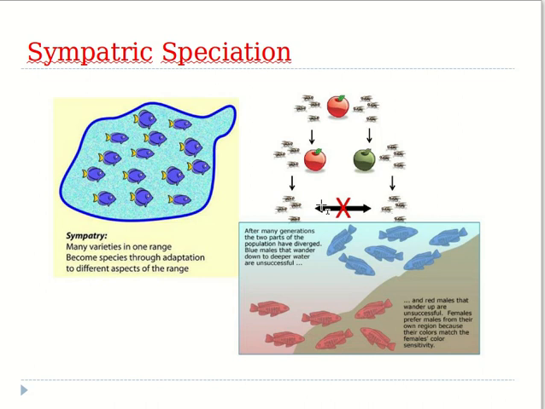So these methods can result in sympatric speciation, which is speciation of two subgroups residing in the same area.